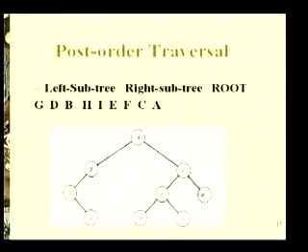So the only right subtree available is with the root F, which you will be printing. And when you are going back, you will be visiting C, which you will be printing because it is the root of that particular subtree, and then you go back and print A. So the pattern of the travel is G, D, B, H, I, E, F, C, and A.